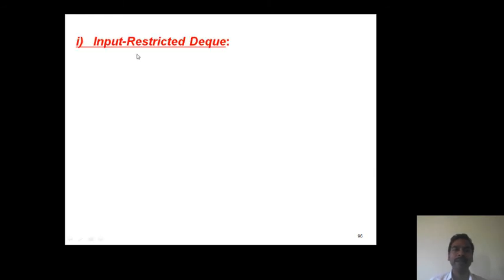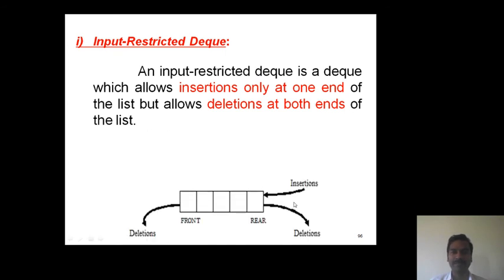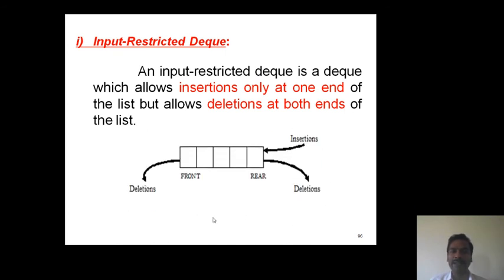First one, input restricted deque. An input restricted deque is a deque which allows insertions only at one end, but it allows deletions at both ends of the list. Now this is the diagrammatic representation of an input restricted deque.